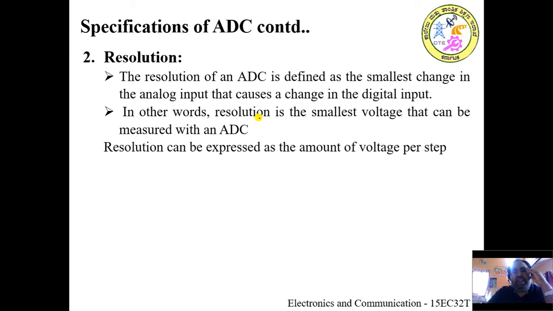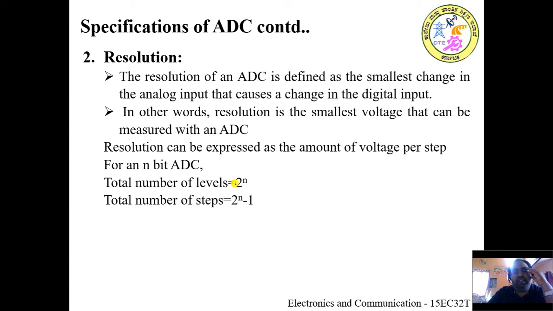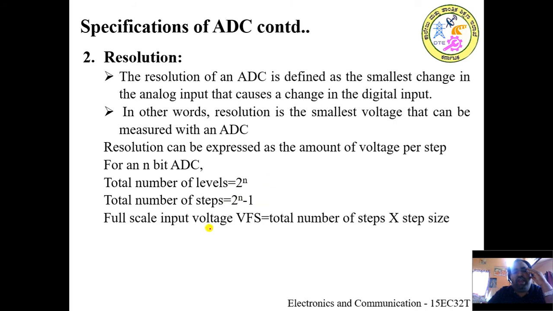A resolution can be expressed as the amount of voltage per step. For an n-bit ADC, the total number of levels is nothing but 2 to the power of n, and the total number of steps will be equal to 1 less than the total number of levels. That is, the total number of steps is 2 to the power of n minus 1. The full scale input voltage, that is VFS, will be given as total number of steps times step size.